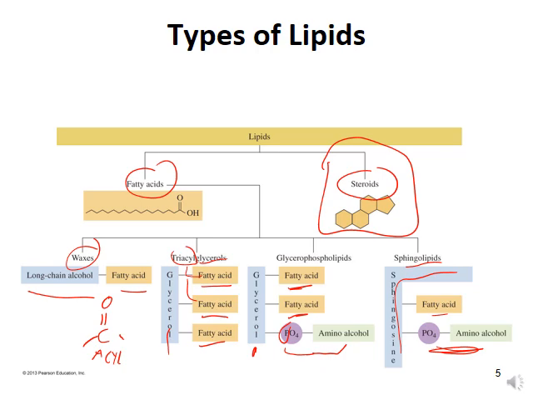So one of the things that's sort of neat about this, that I like the way this looks, is because it really allows you to break things down into the important parts and the non-important parts, or sort of grouping things together so that what looks to be a little bit of a scary thing, all kinds of atoms and parts of molecules all over the place, really is nothing more than a box. You with me on this? It's just sort of a box. Fatty acid part, and then a long chain alcohol attached.